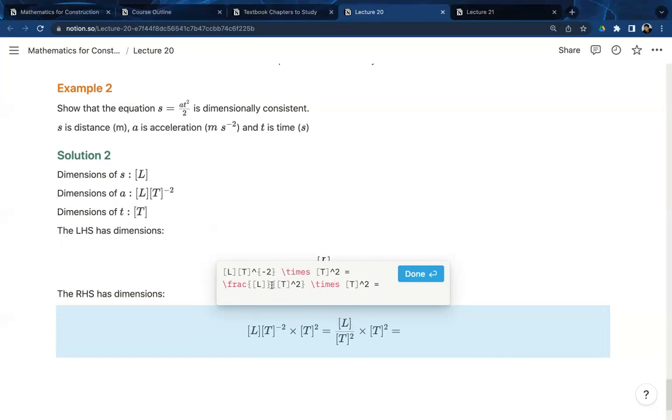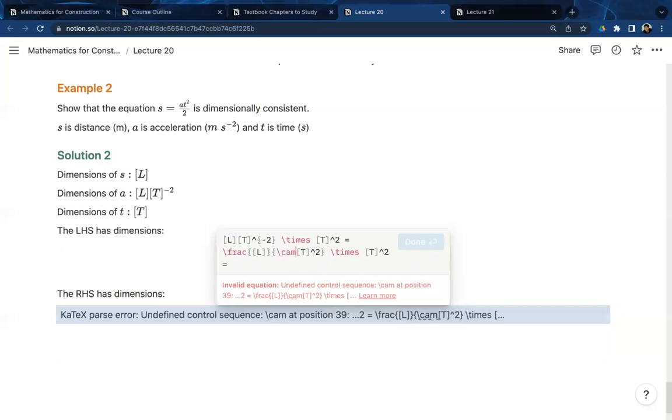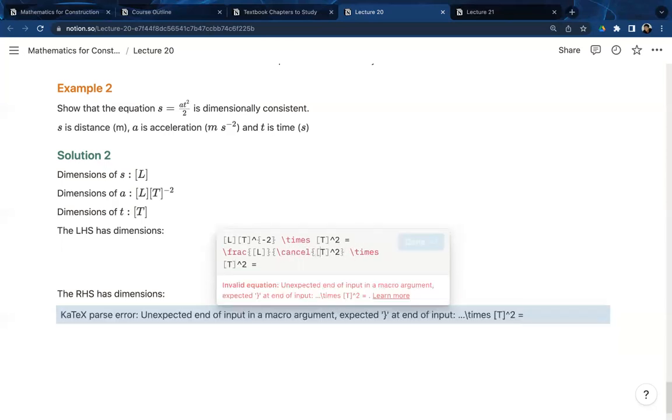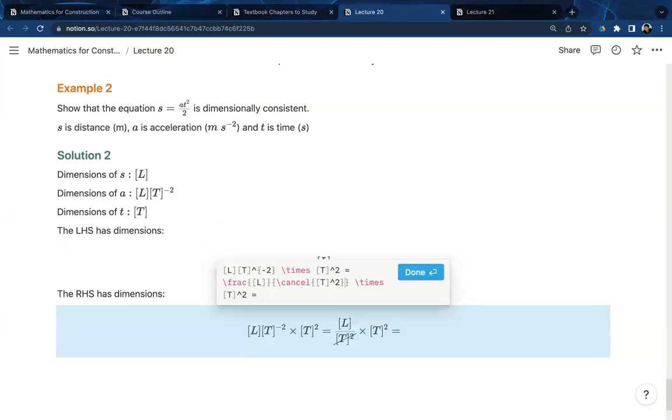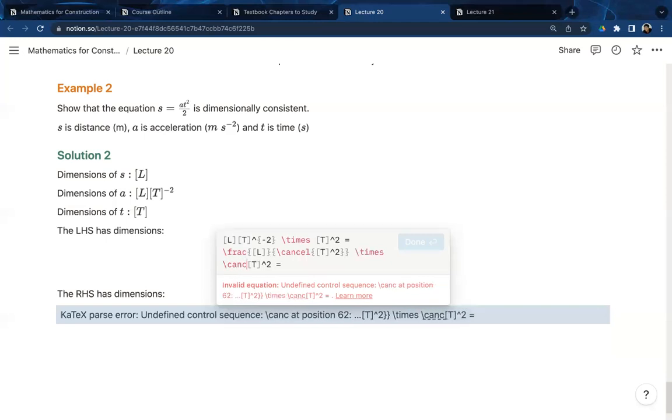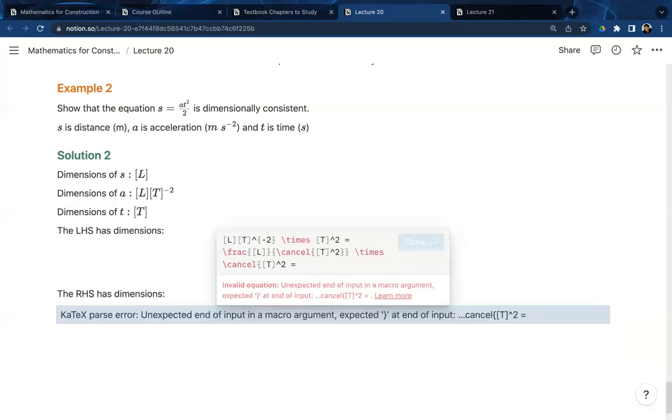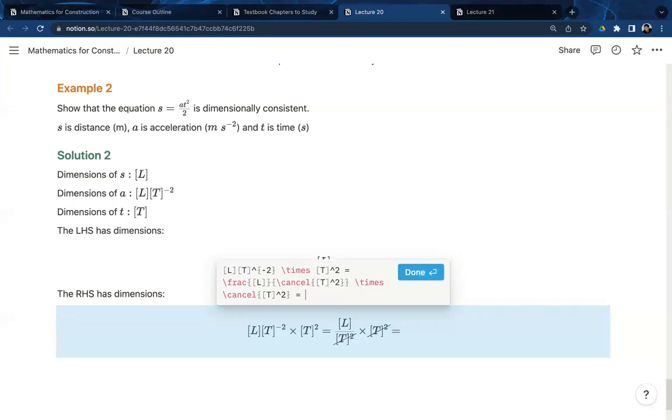And what would happen is they will cancel, right? They would cancel to give L.